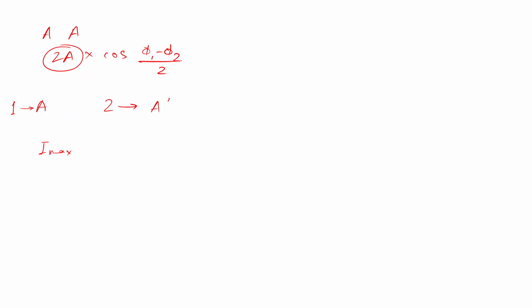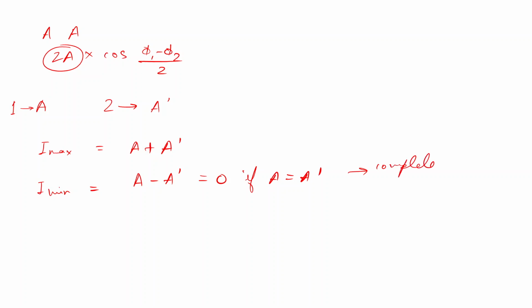The maximum will be a plus a prime, they get added up, no problem, but the minimum will be the difference. If they are the same, the difference will be 0 and we will see complete darkness.